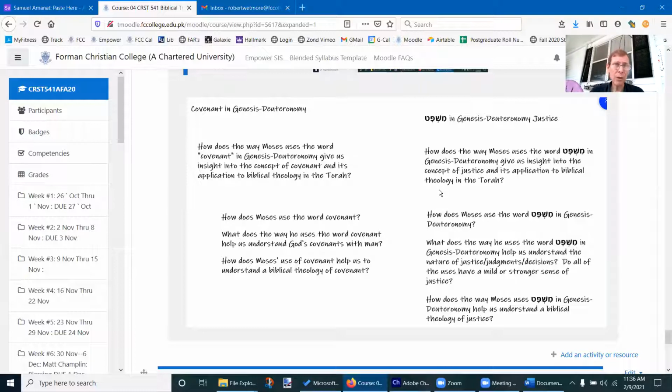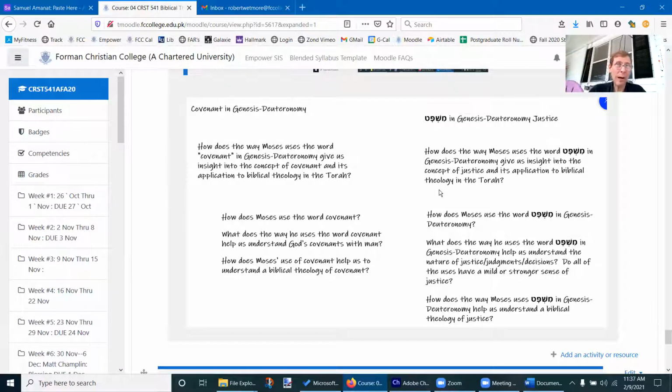So my outline is going to start with the question. And then it will have point A: how does Moses use the word covenant? Under that will be your questions that seek to answer how Moses uses the word covenant.